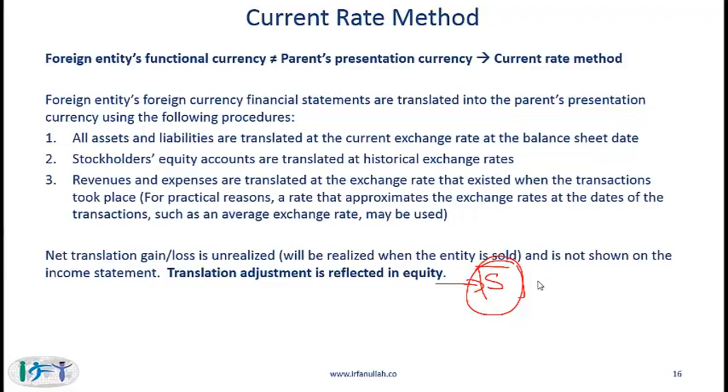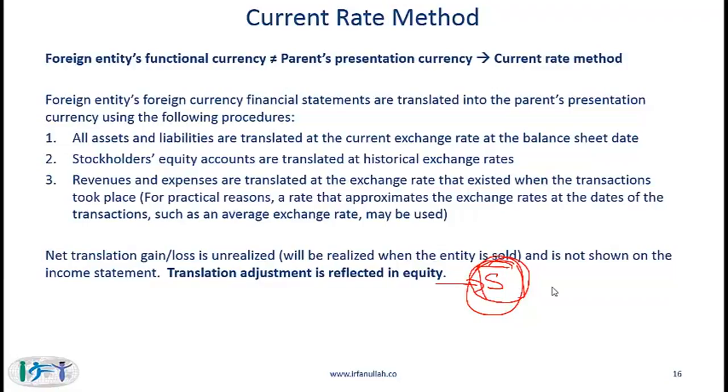So if the foreign currency appreciates and there is a gain, you are only going to realize that gain when you spin off or sell this subsidiary, which is not likely to happen anytime in the near future. Remember the going concern assumption here. So if this is not going to happen in the near future, then it does not make sense to have the translation gain be reflected in the income statement.